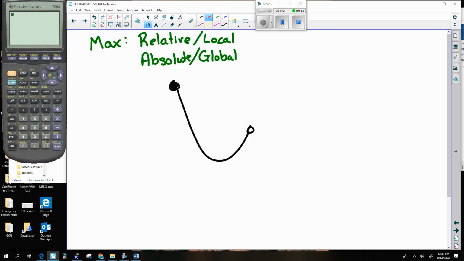So what is the highest point that we have here? Well, that's the highest point that we have right here. And because it's actually a point, that's the absolute max. There are no relative maximums here. And then this would be the absolute min.